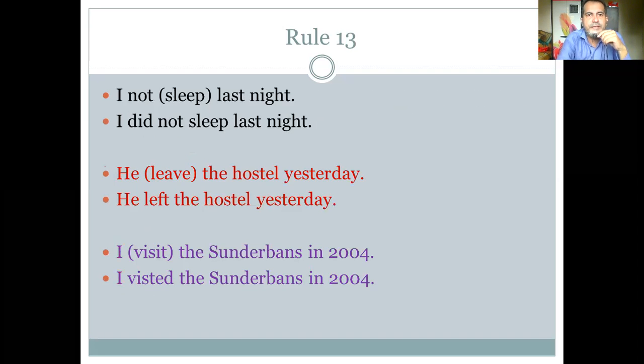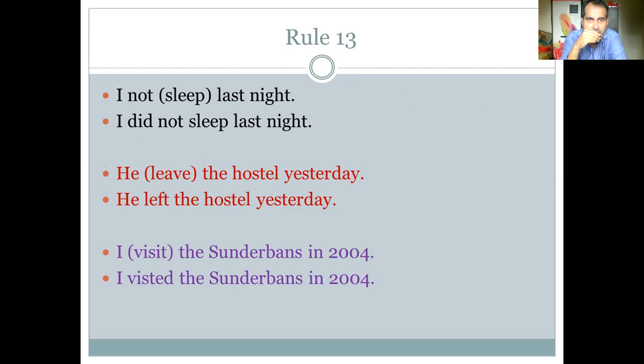Now, consider the first example. I not sleep last night. The signal word is last night. So you can use the past indefinite. I did not sleep last night.